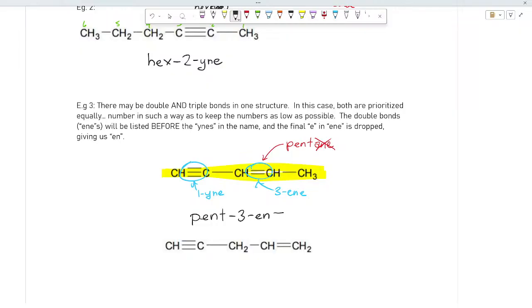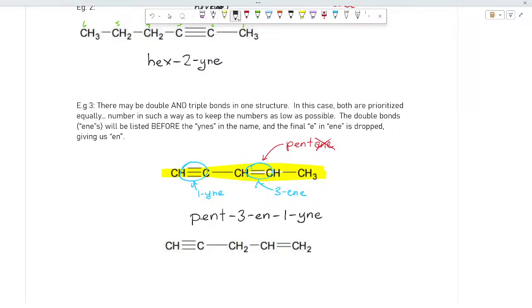But because we're not done, we're not going to end on that E. We don't get the final E till the end of the name. So pent-3-ene. Keep going for me. 1-yne. And we never put the final E till the very end, but that's still pronounced ene, not N. Does that make sense? That's the name. Pent-3-en-1-yne.